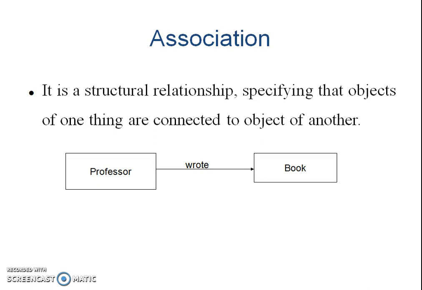So the association among these classes is wrote. The wrote is the association name. Here the two classes are connected with a connection. So wrote is the association relationship that is connecting two classes together.